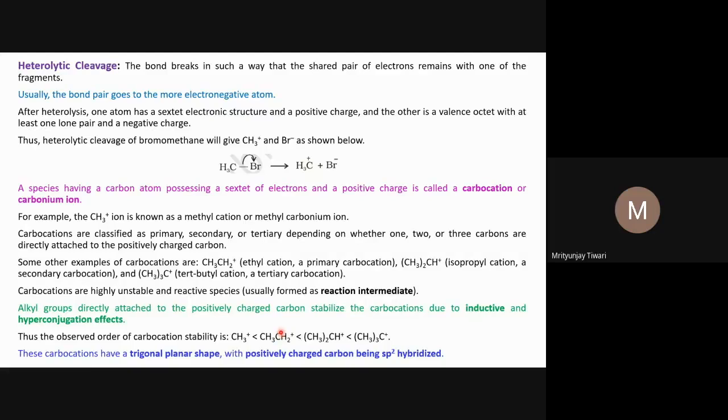So carbocations have a trigonal planar shape with the positively charged carbon being sp2 hybridized. When we consider the positively charged carbon atom as the central carbon atom, the carbocation will have a trigonal planar shape.